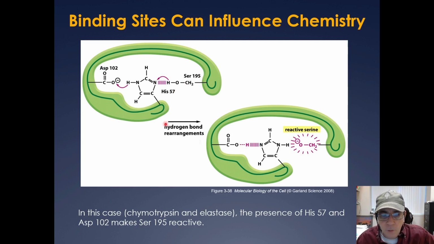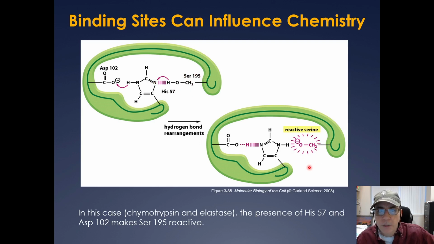In this case, what we're looking at is the active site of chymotrypsin and elastase, and they have these three shared amino acids, the aspartic acid, histidine, and serine, and the serine is the reactive amino acid, but it's the aspartic acid which helps to draw a proton off of the histidine, and then the histidine draws a proton off of serine to make the serine active.